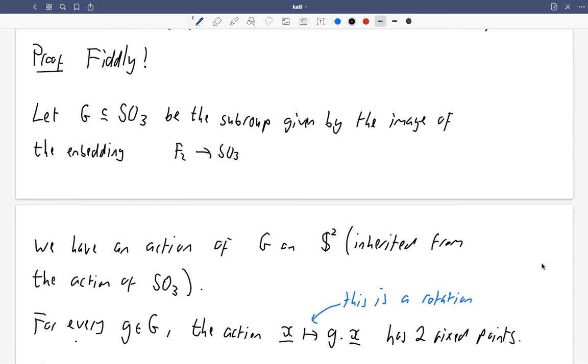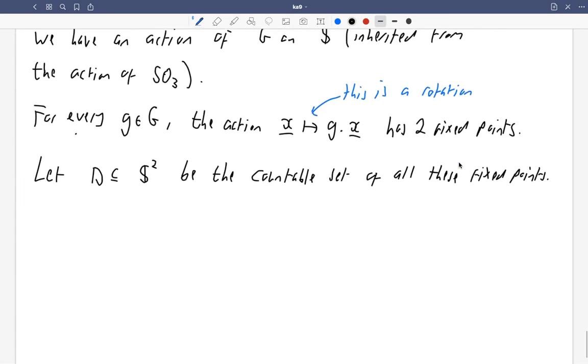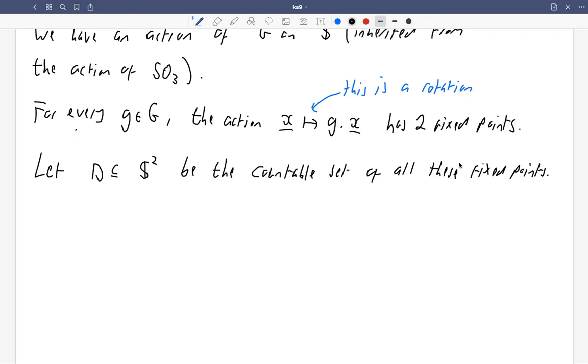Well, that's because G itself is countable. G is the image of F2. F2 is the free group on two generators. Its elements are reduced words. They're only over a finite alphabet. There are only countably many reduced words over a finite alphabet. So note well, G is countable. Right, so we've got a countable set of these fixed points, D. We're going to see why we need that in a moment.